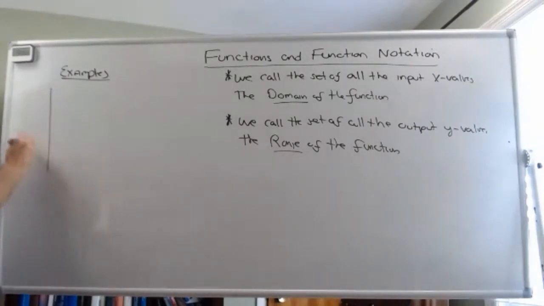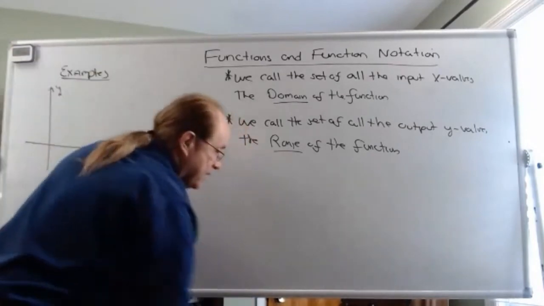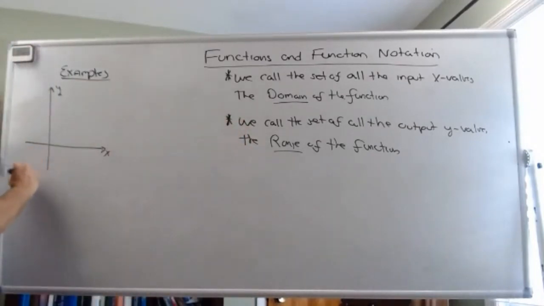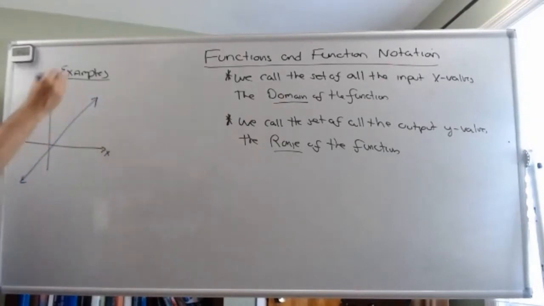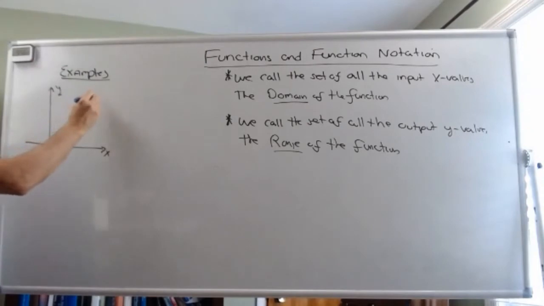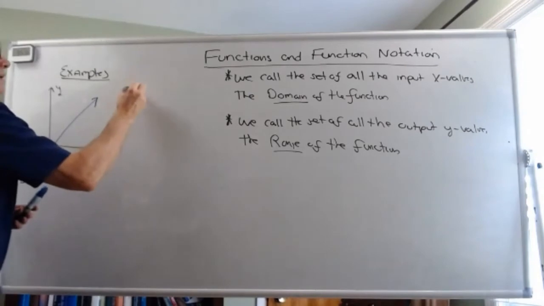So here's a very simple function I'm going to draw. There's my x, there's my y, and here's my function. It goes forever and ever. So that's a function, whatever it is. It's y equal to something. Okay. We're going to talk about the domain over here.